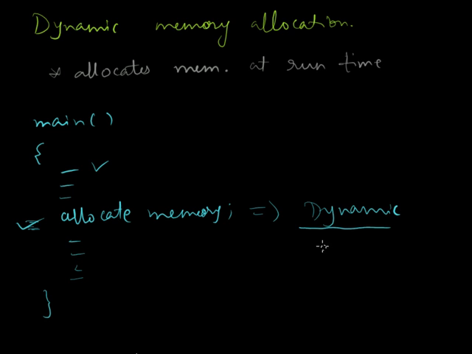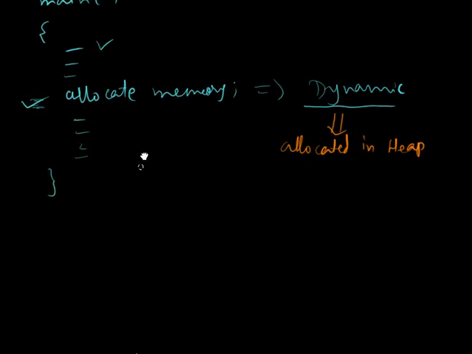Now this dynamic memory is allocated in a part of memory called the heap. Heap is a part of memory that is common to all of your functions or all of your programs. So dynamic memory is allocated in the heap. This you should remember.